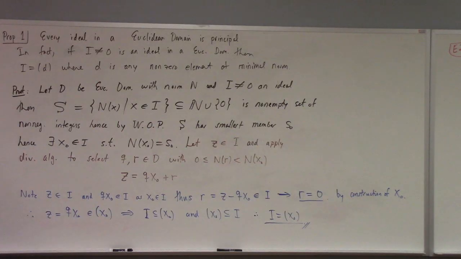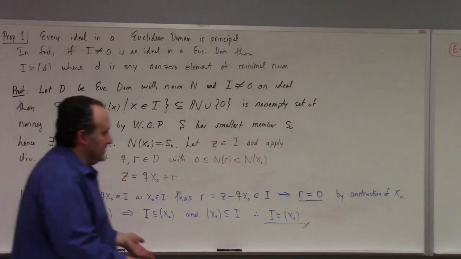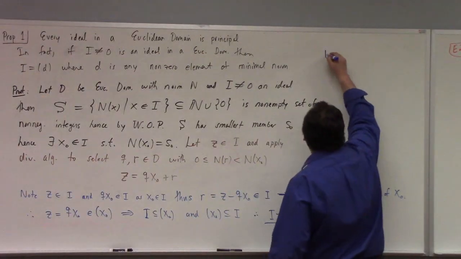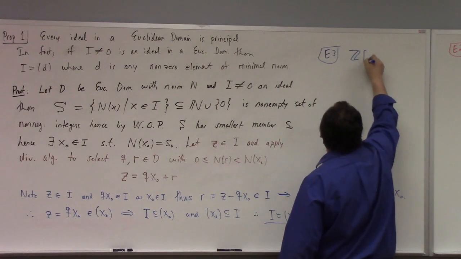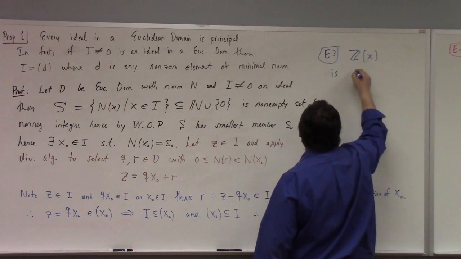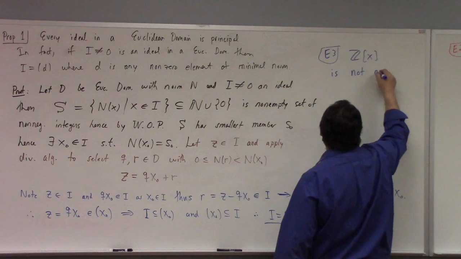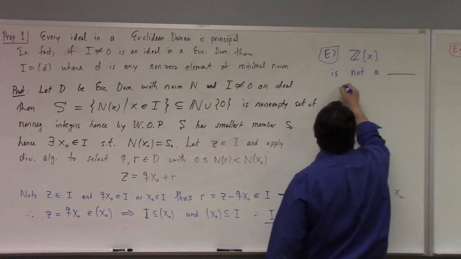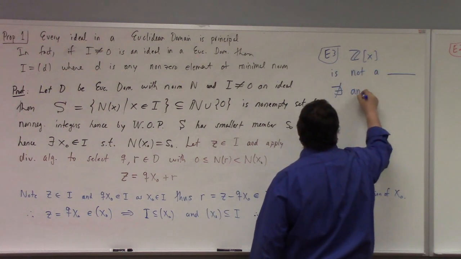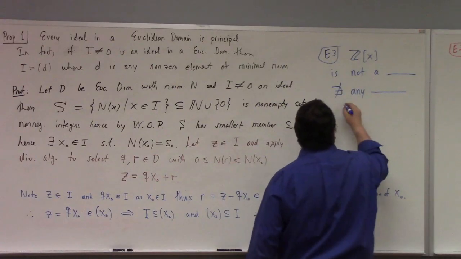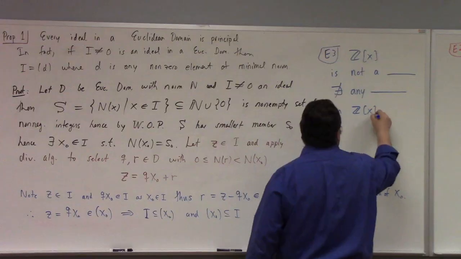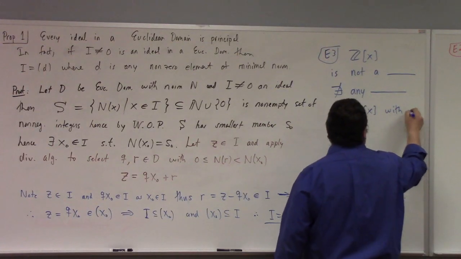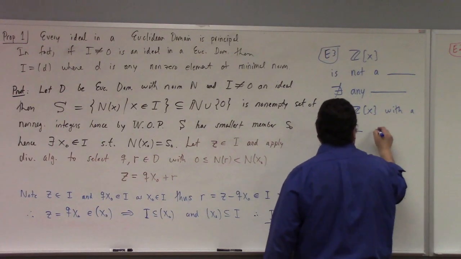All right, now I can ask you a follow-up question to example 2. Example 3: Z[X] is not a blank. There does not exist any blank on Z[X] with a blank.